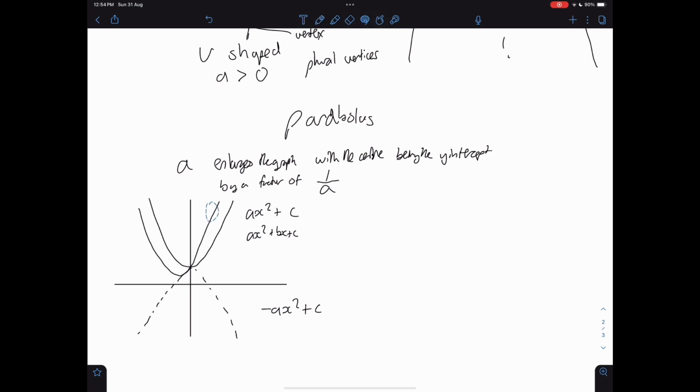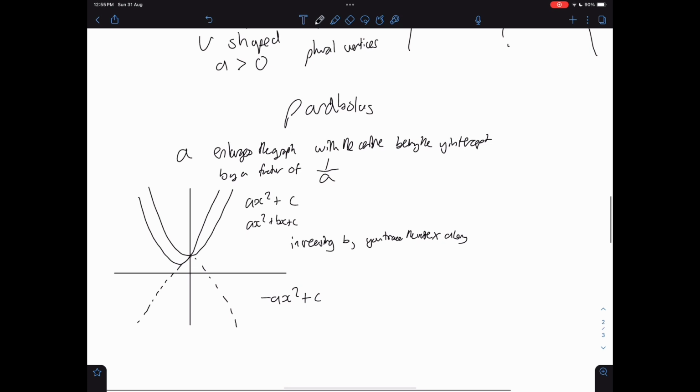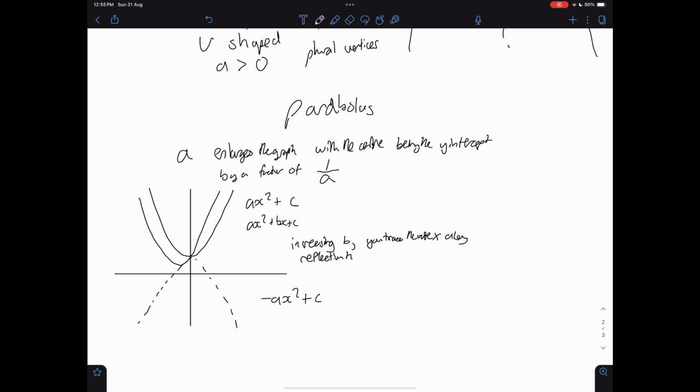It'll have the same y-intercept, but the vertex will have been traced along the reflection. And the interesting thing is if you increase b, you trace the vertex along the reflection to the left. And if you decrease b, trace to the right.